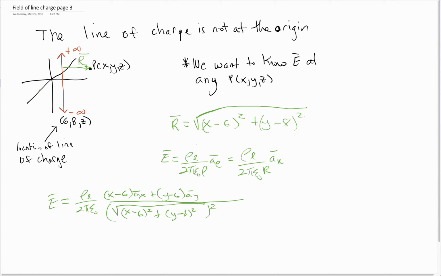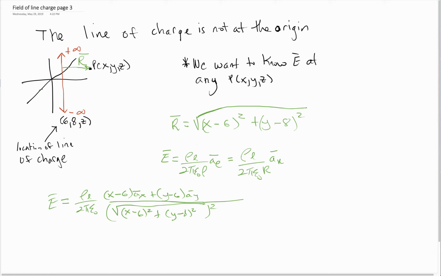And so how did I get the x minus 6? Because we made everything into x, y, z. And so this is just going to be the point x minus the 6, what this is now.